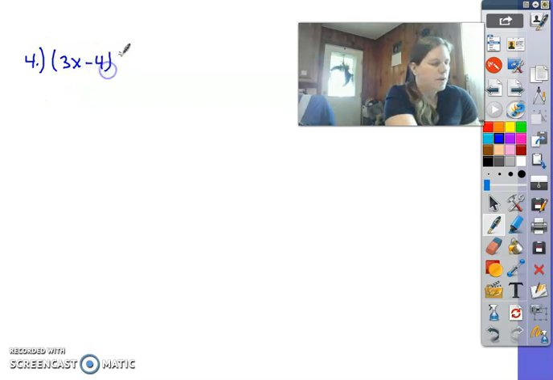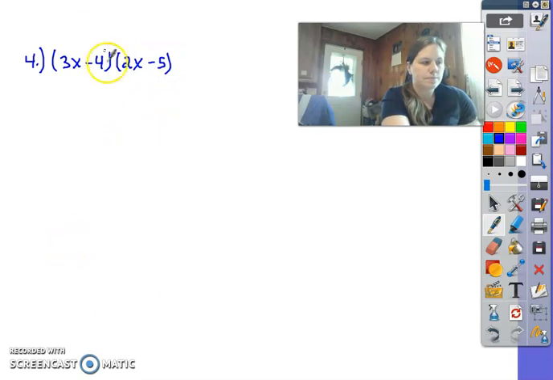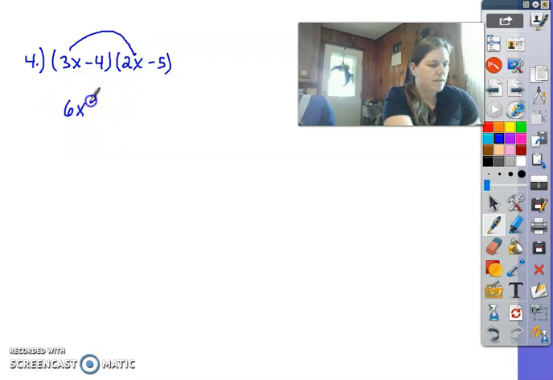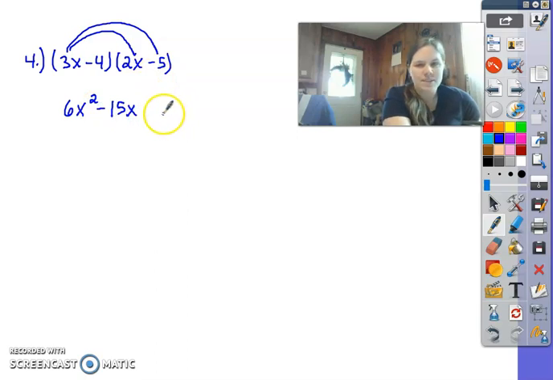3x minus 4 times 2x minus 5. First loop to loop, 3x times 2x. Don't forget that x squared is really important. 3x times not just 5, but negative 5. So negative 15x. Negative 4 times 2x, negative 8x.